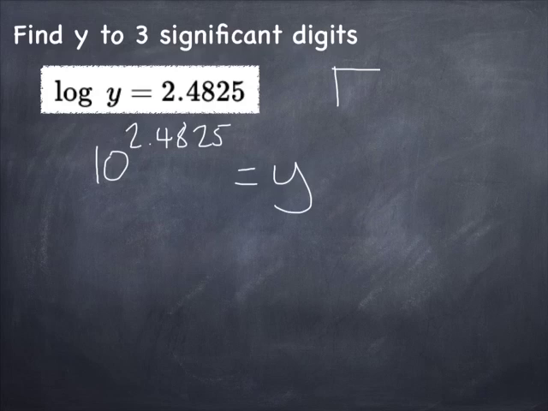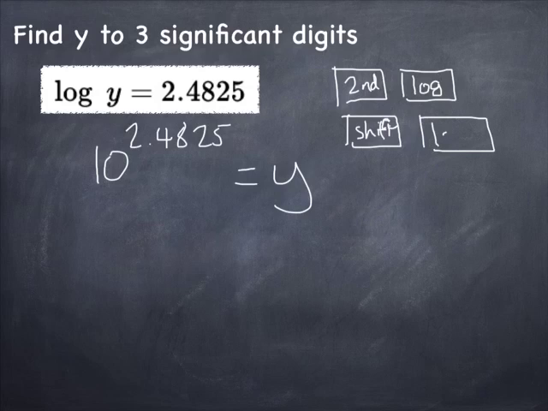It's usually either second log, or second is sometimes known as shift, depending on the calculator. So shift and log, because above log you've got something that says 10 to the x power. Well, that's how we can do this.